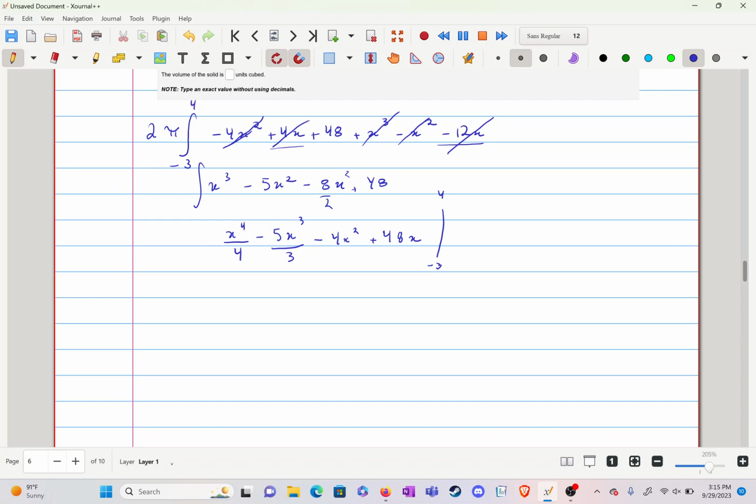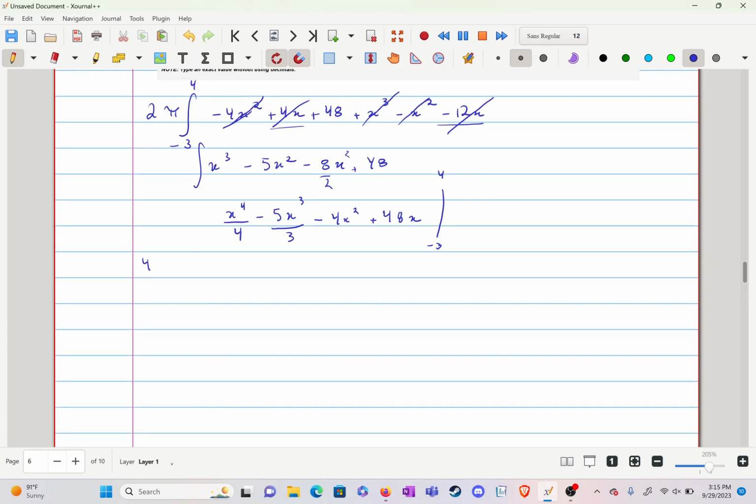And unfortunately, we don't have a 0 to save us. So we do have to compute every single one. But let's just start by writing it down. So we have 4 to the 4th over 4. So that should cancel out to something nice. Should just be 4 cubed, which would just be 64.